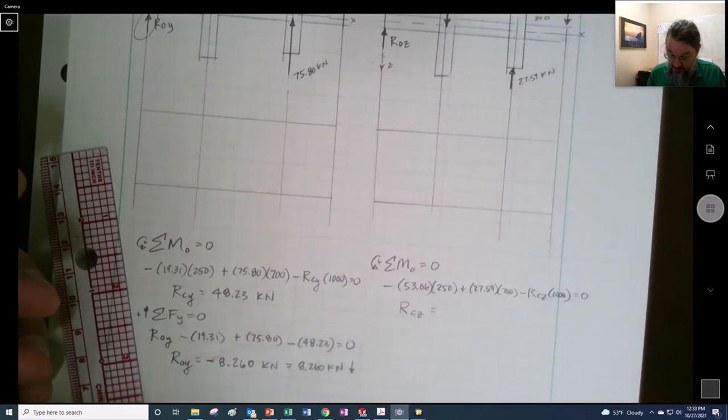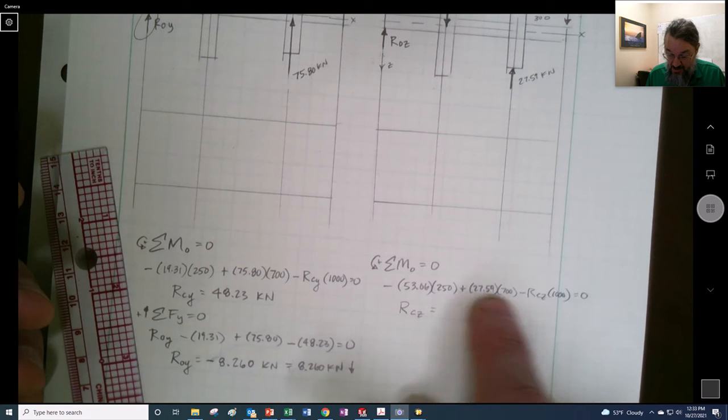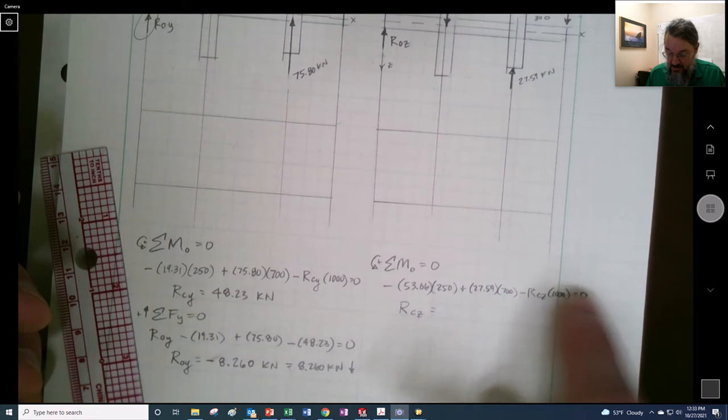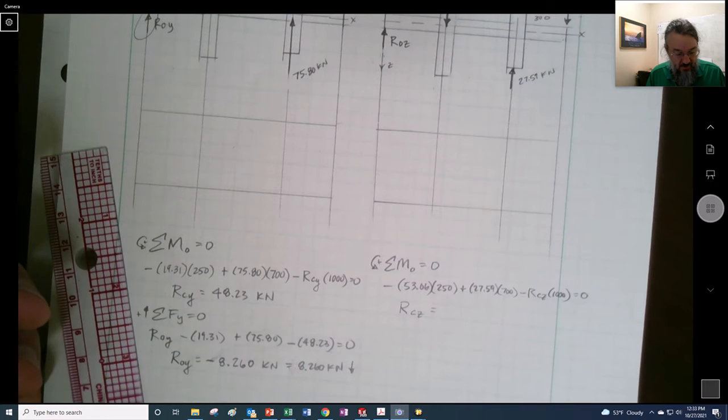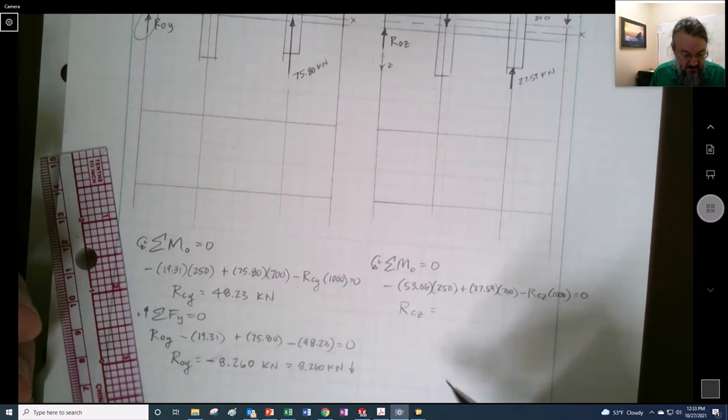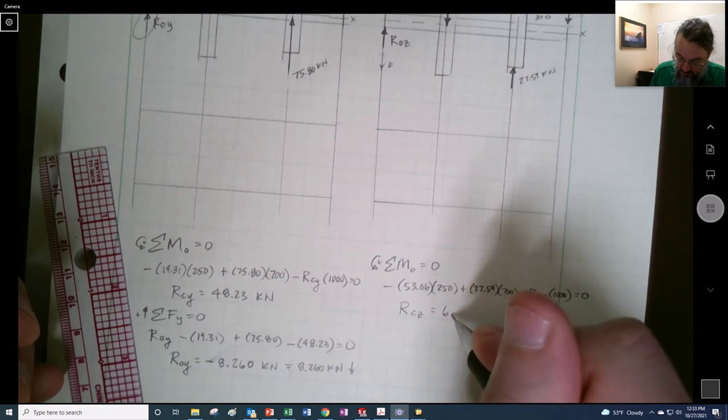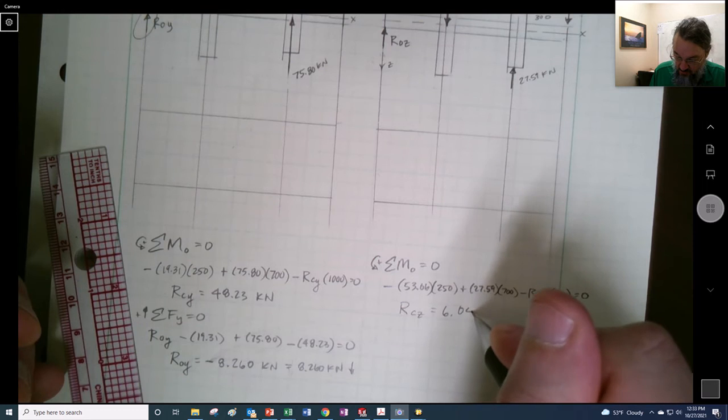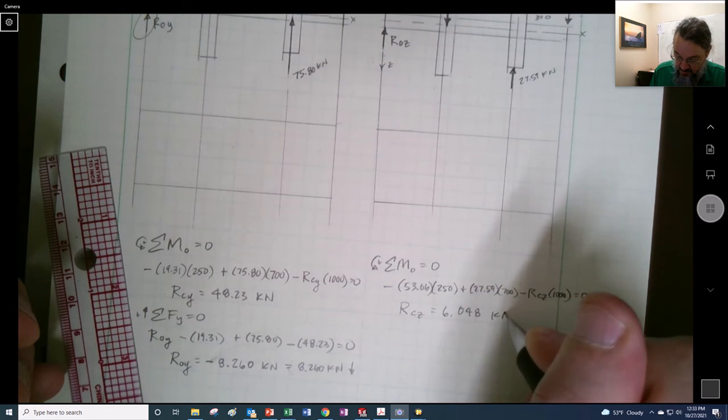So 27.59 times our 700 is positive. Now let's take our 53.06 times 250 and subtract it. All right, so that's a positive number now. So that's negative. So that, okay, so we're going to be fine when we divide by our 1,000. And we get a very small number, 6.048 kilonewtons.